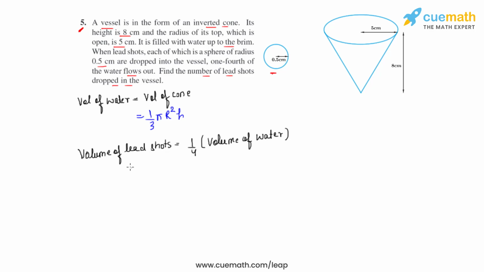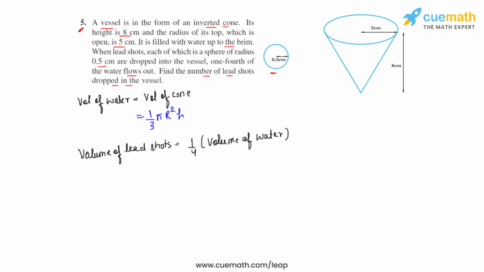This is because the number of spheres dropped into the inverted cone will displace the same amount of water as their volume. So whatever be the volume of the collective number of spheres dropped into the inverted cone, the same will be the amount of water which will flow out of the cone. So this is why we write volume of lead shots equals 1/4 of the volume of water that has flown out.